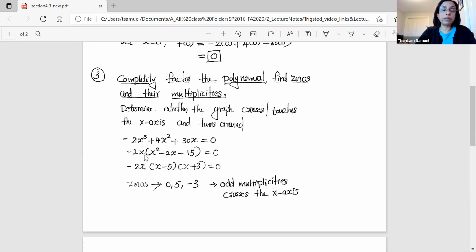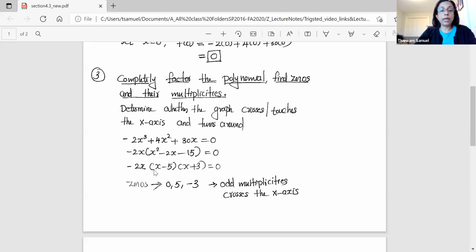Then we need to factor. So factor out negative 2x. You will get negative 2x times x squared minus 2x minus 15 equals 0. This is a trinomial, and again we can factor this. We need the product as negative 15 and the sum as negative 2. So the numbers are negative 5 and 3.